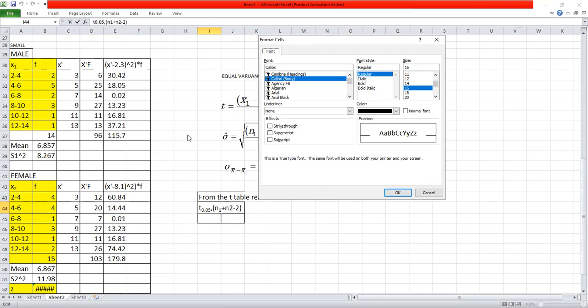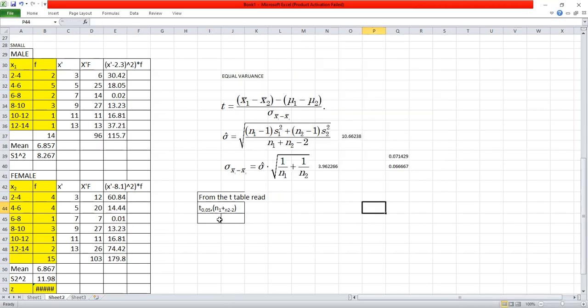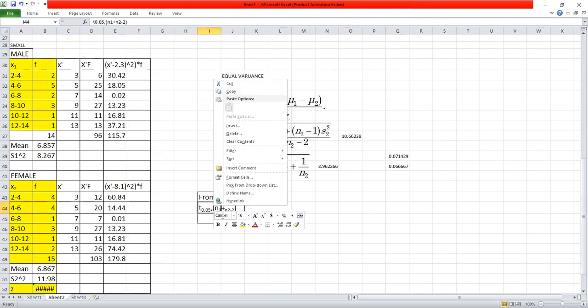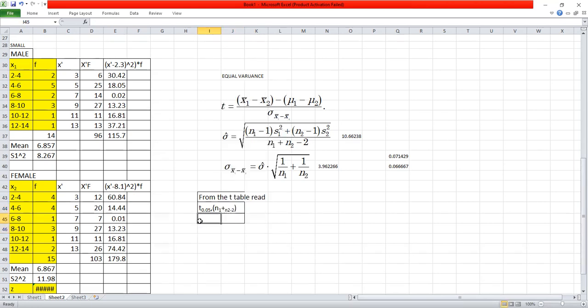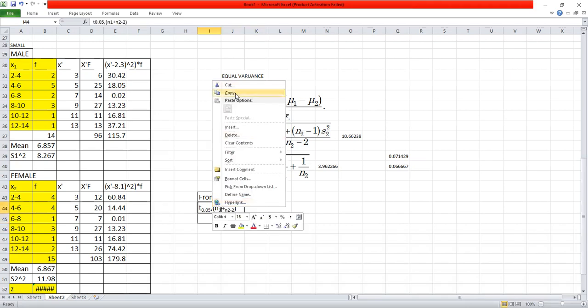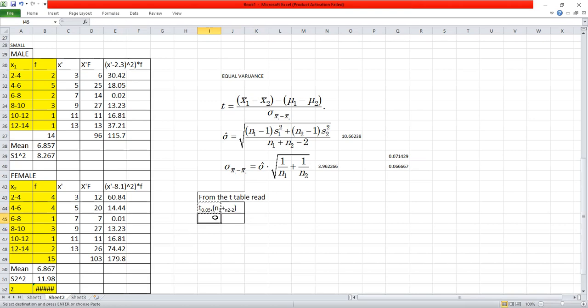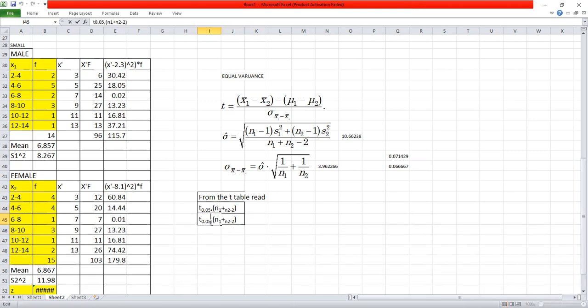So that's what you read from the T table. We know our 0.05. What you are looking for in our T table is T 0.025, because it was a two-tailed test.